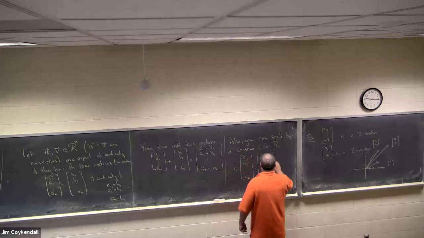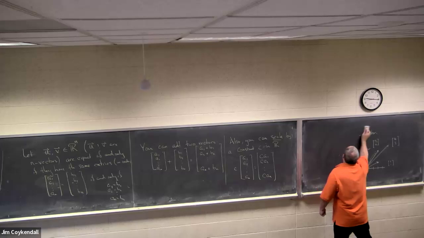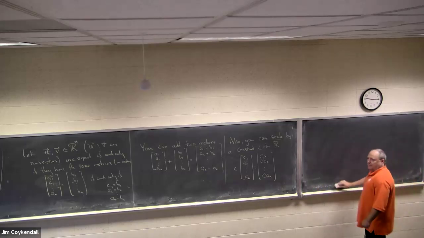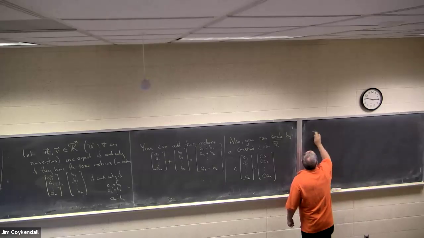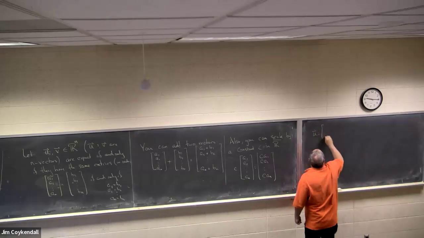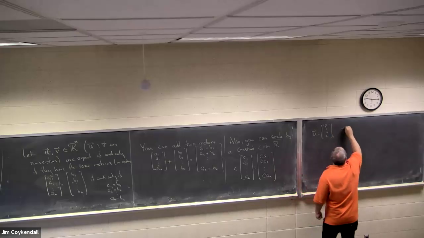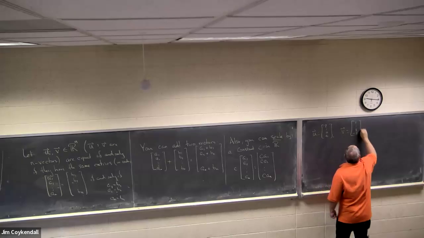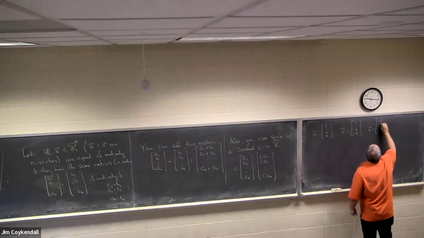Second, let me do a kind of numerical example. So what would happen if I did something like this? U equals 2, 0, 4, and V equals 1, 1, 3, minus 7, and W equals minus 2, minus 1, 4.